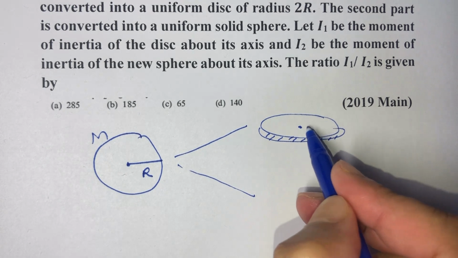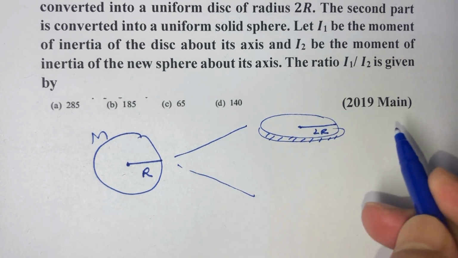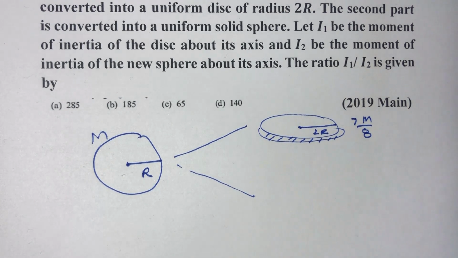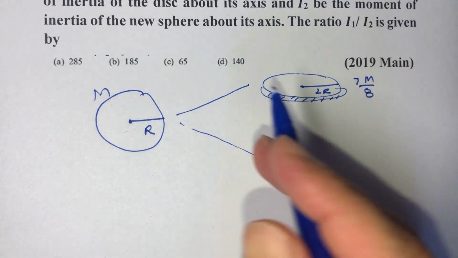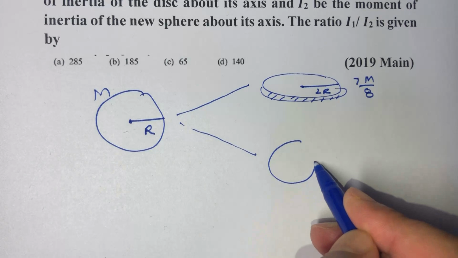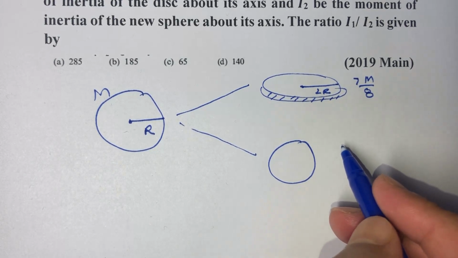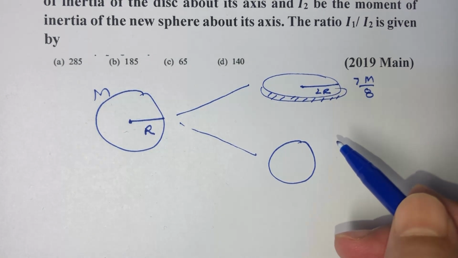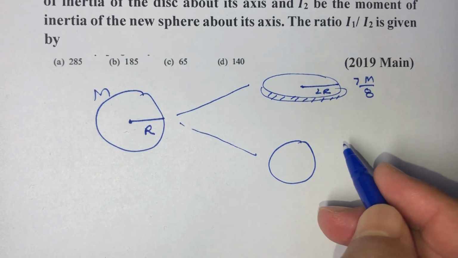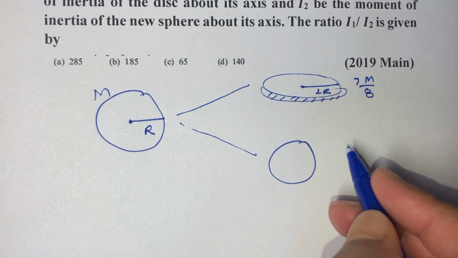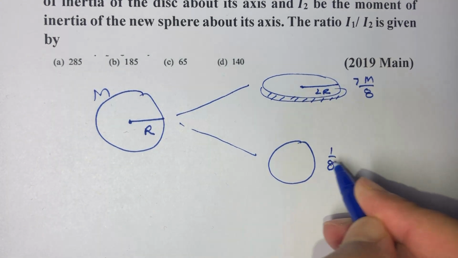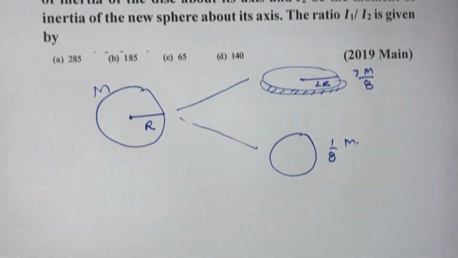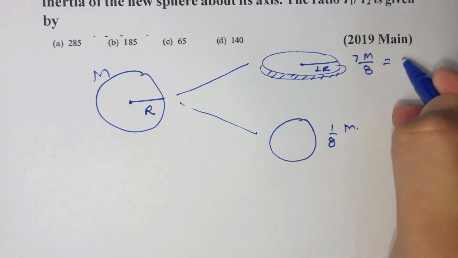The radius of this disk is given as 2r and its mass is 7m/8, and the second part is a sphere whose mass is not given. I think it should be given. It should be 1/8 m. So this is our first part.